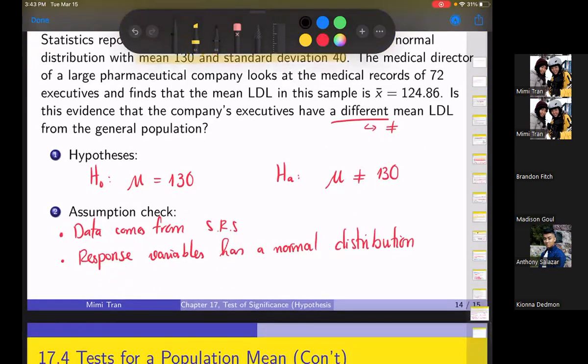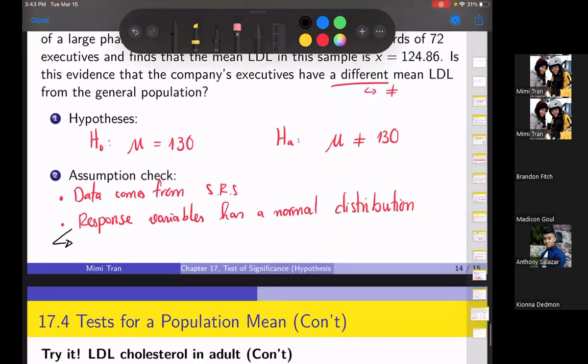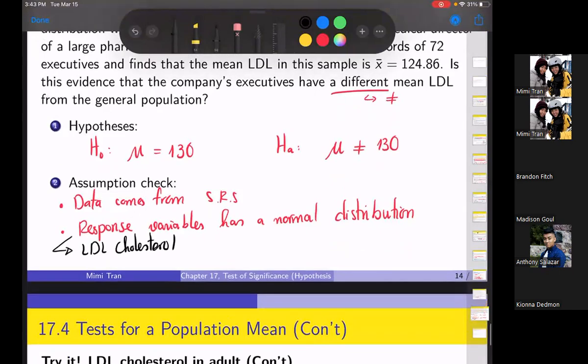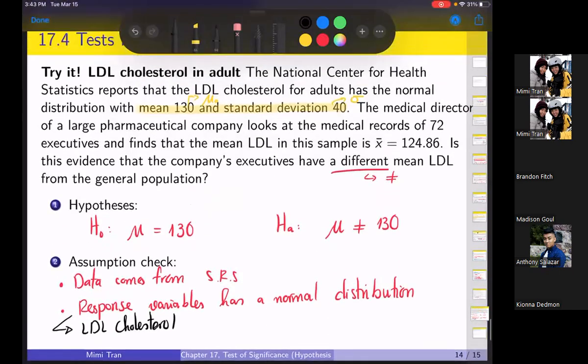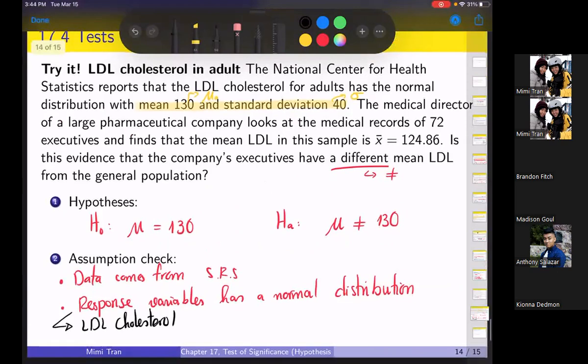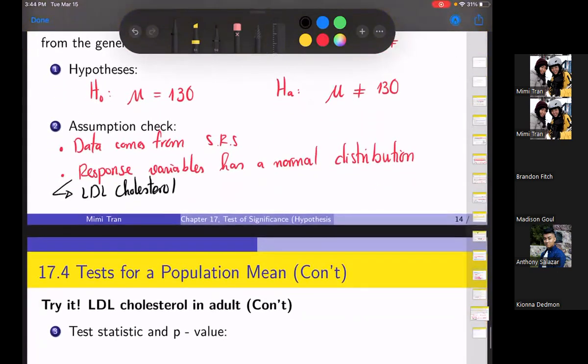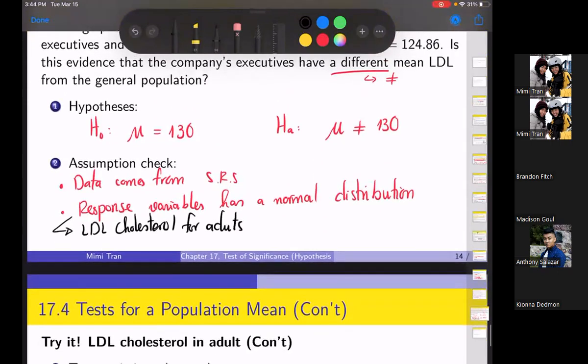In context, on the exam, I do want you to put it in context. So the LDL cholesterol for adults, here I mean the 72 executives, has a normal distribution.